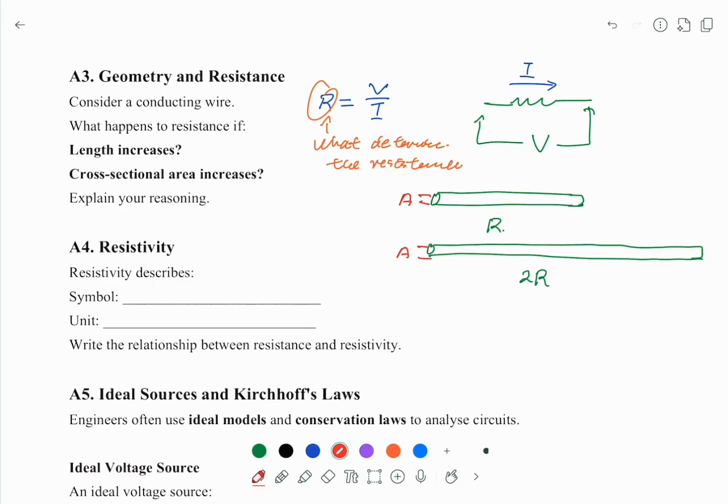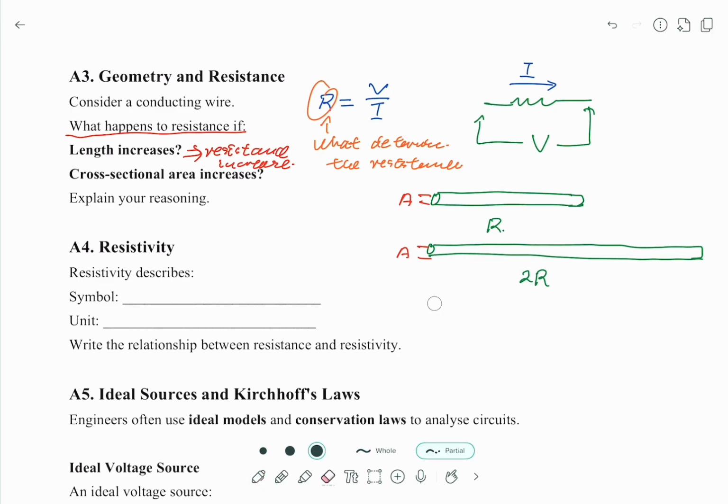So what happens to resistance if the length increases? We can say the resistance increases. Next, we compare another scenario.